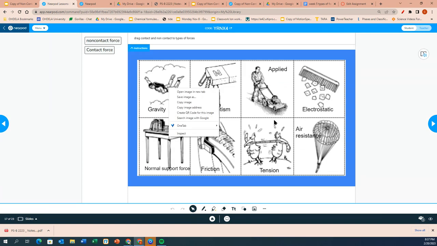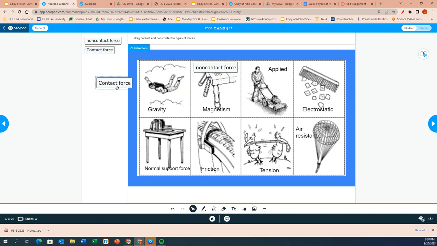All right, so let's decide what to do with this. So a non-contact force is this one, magnets. A contact force would be this normal supporting force of the table. Frictional force of this bike brake.